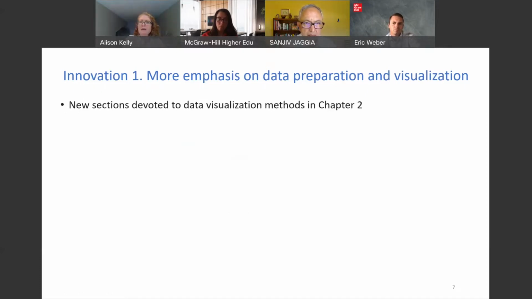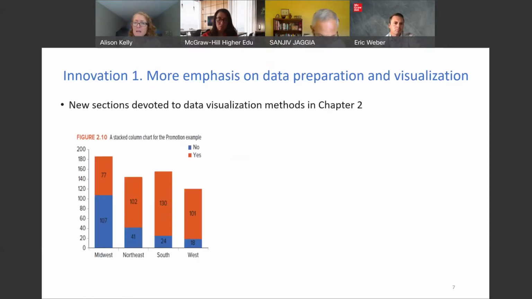In Chapter 2, we have more data visualization methods. And again, we feel that they're the most widely used in business analytics. So in this particular example in Chapter 2, we're looking at an e-retailer, an online retailer who's sending promotional discounts through emails to customers.